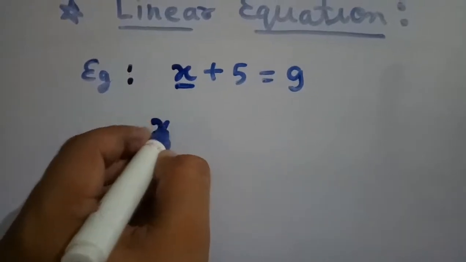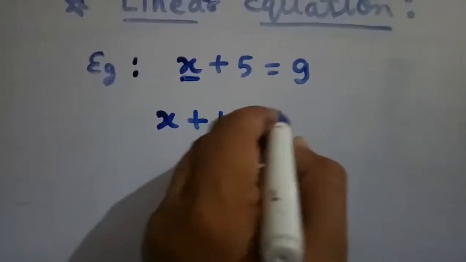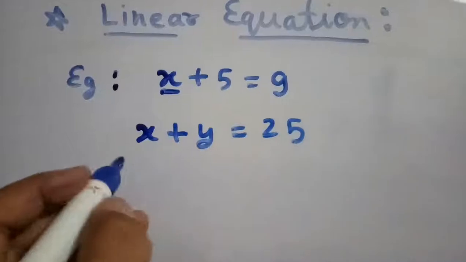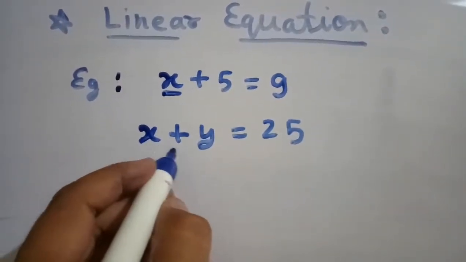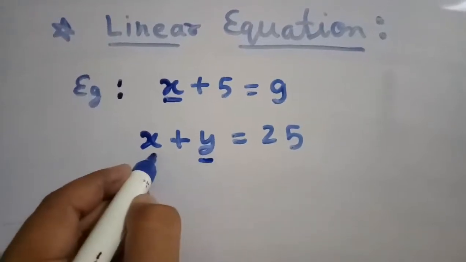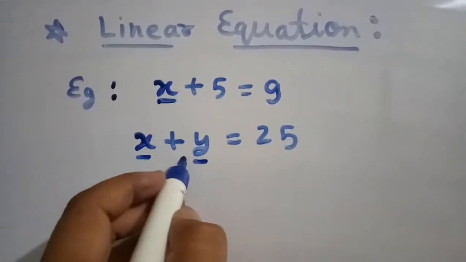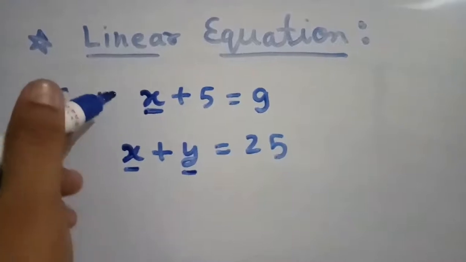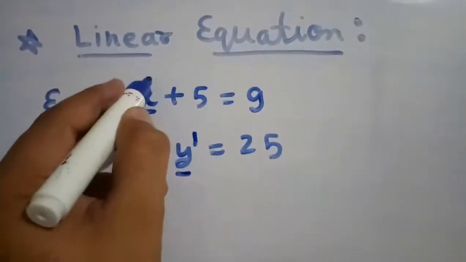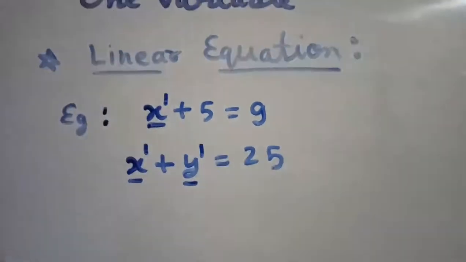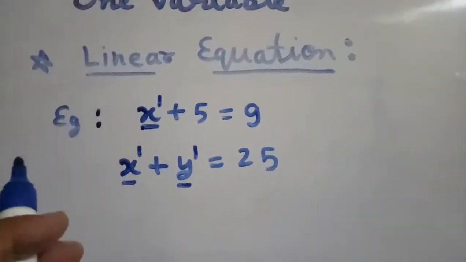And x plus y is equal to 25. This is a linear equation in two variables because x and y are two variables here. But in both cases, the maximum power of the variable is 1. That's why these are called linear equations.